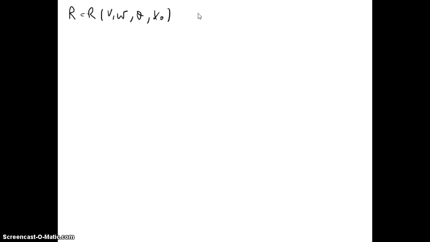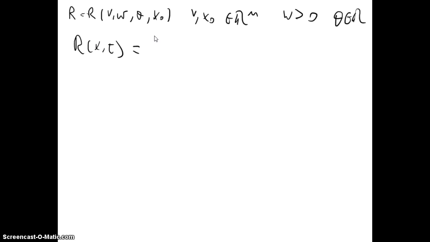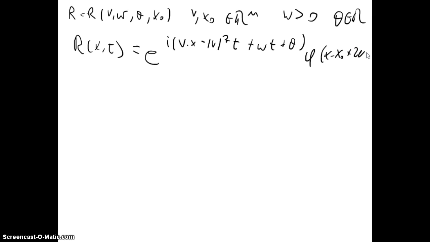Okay, in this case we will have that b and x naught in R^n, and omega greater than 0, theta in R. This family of solutions is going to be the following way: e^(i(b x minus b^2 t plus omega t plus theta)) phi(x minus x naught plus 2bt).